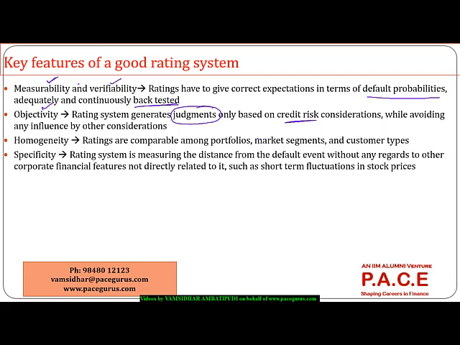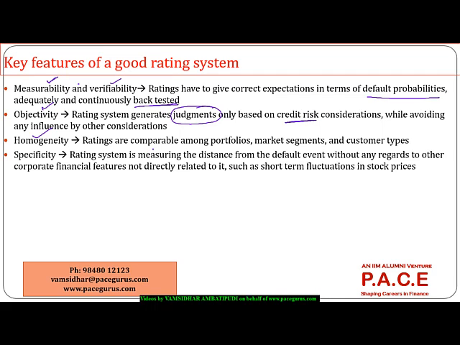Whatever rating is being given, I should be able to link that rating to the credit risk possibilities of that particular institution. If I'm not able to link it or explain it, then again that rating system is not a good quality system.